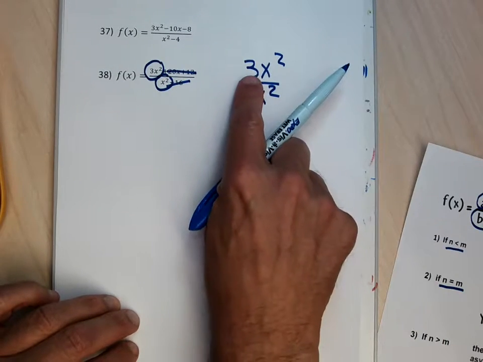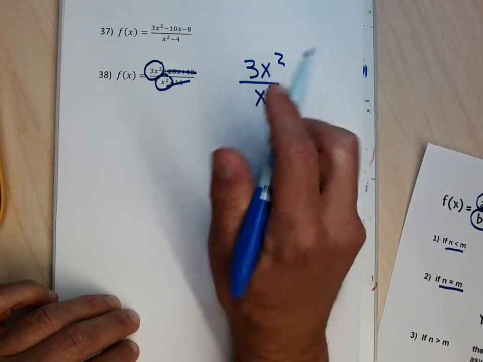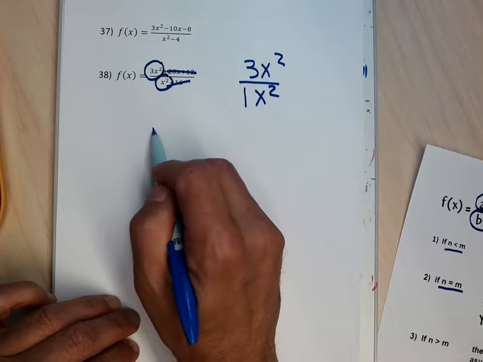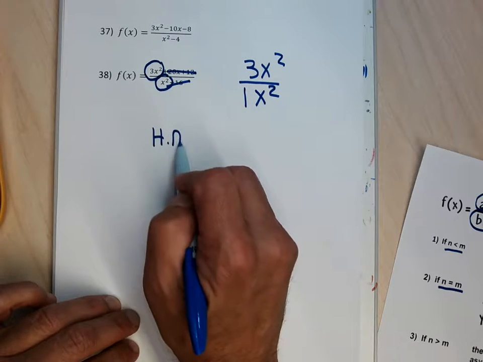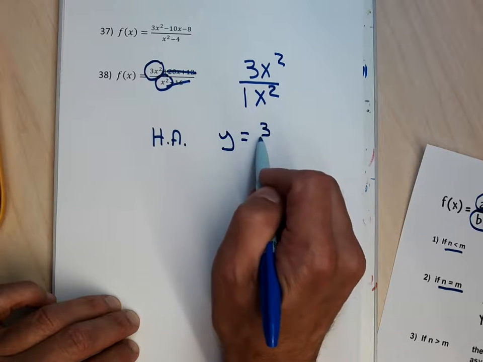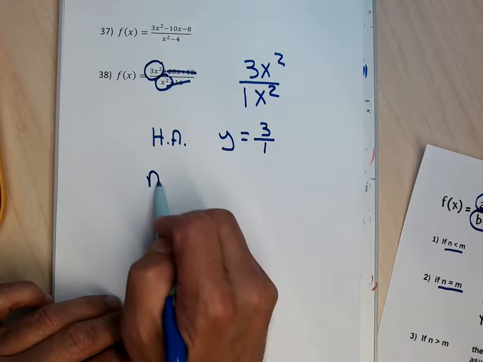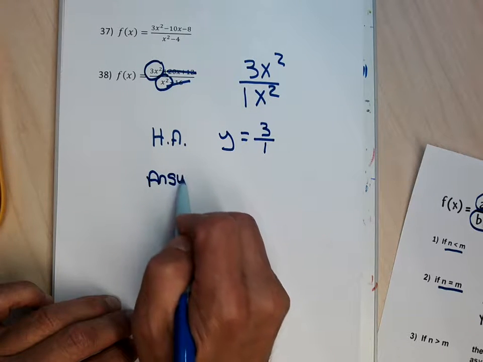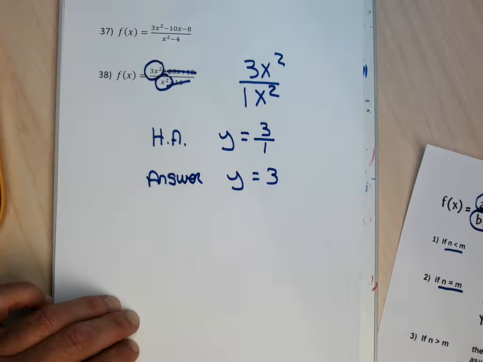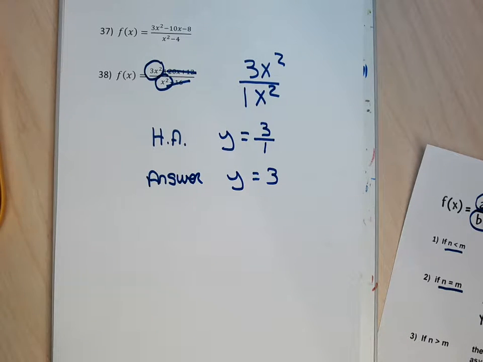The number in front of the x squared in the numerator I can see as a 3. The number in front of the x squared in the denominator I can't see, but it's an implied 1. The horizontal asymptote, which I'm going to abbreviate HA, is going to be y equal to 3 divided by 1. And my answer to problem 38 is the horizontal asymptote is y equal to 3. You should be able to do something similar for 37.